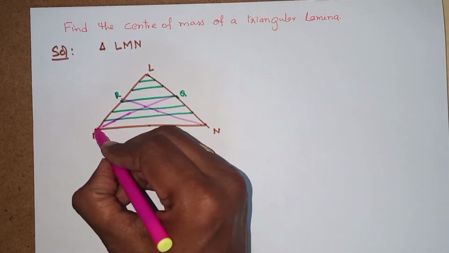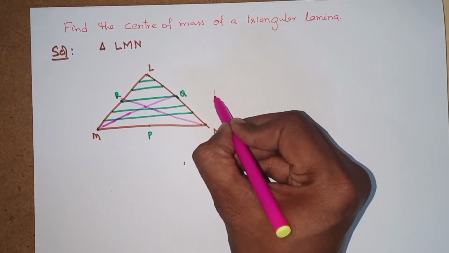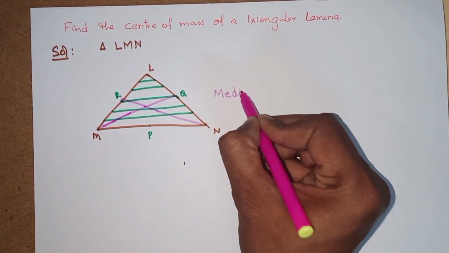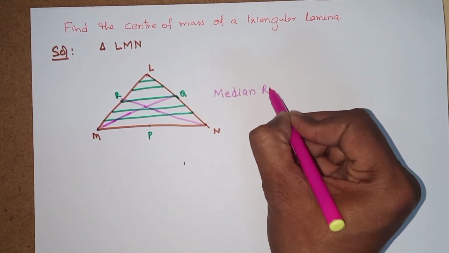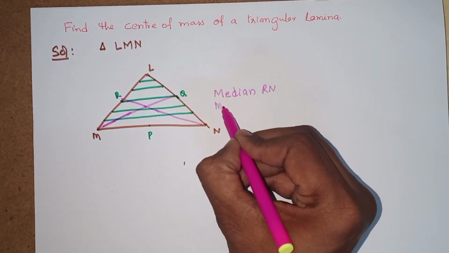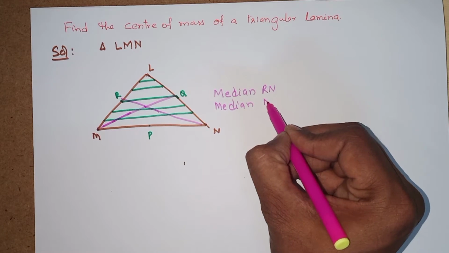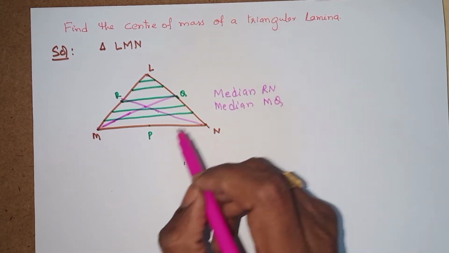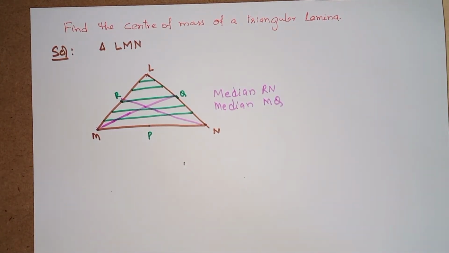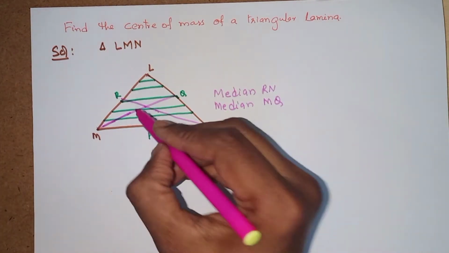The median RN and the median MQ, the coinciding or intersecting point is this one.